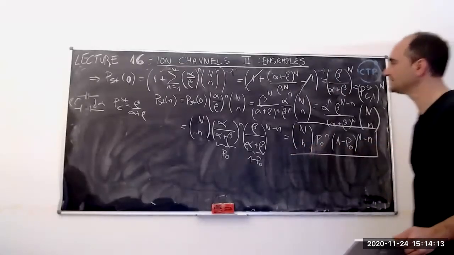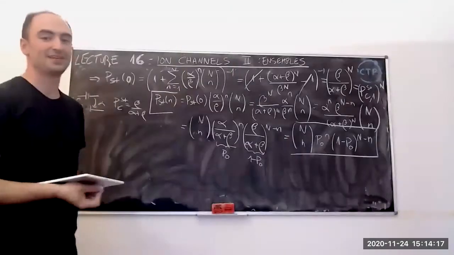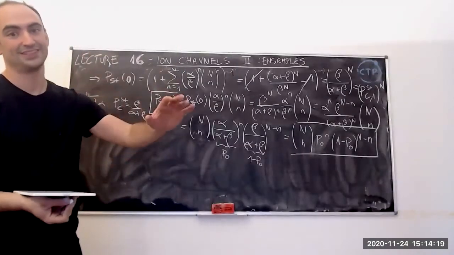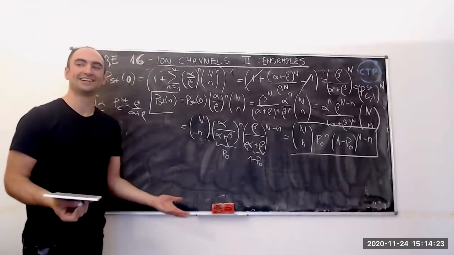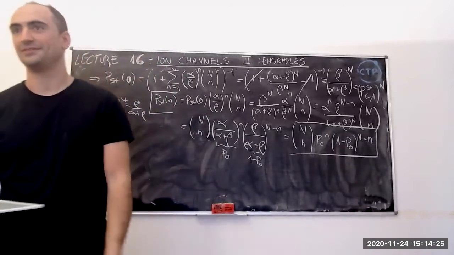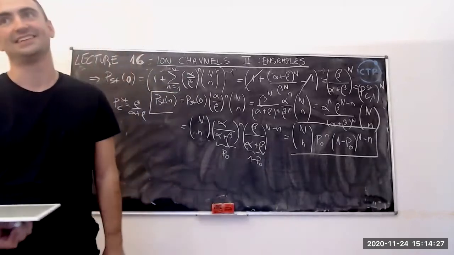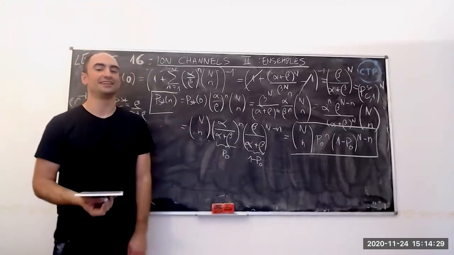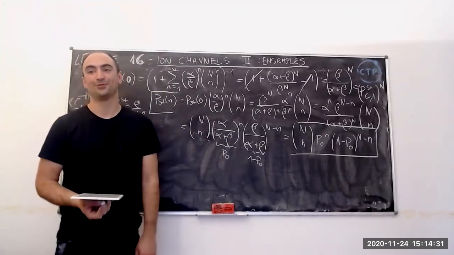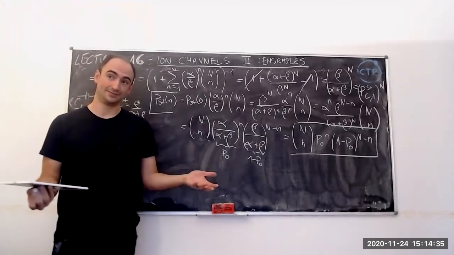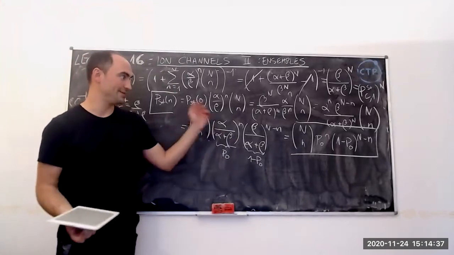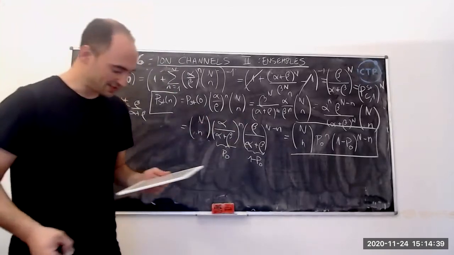So all this crazy math gives me something that we could have got directly, because we said they are independent channels. There's a probability to be open, p0, and then this is the binomial distribution. What is the probability out of big N that small n are open? It is the binomial. So this makes sense.